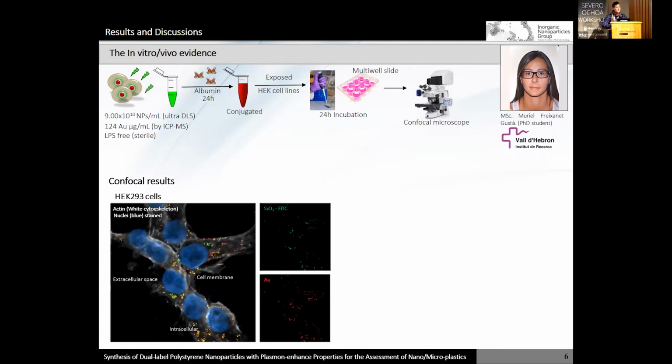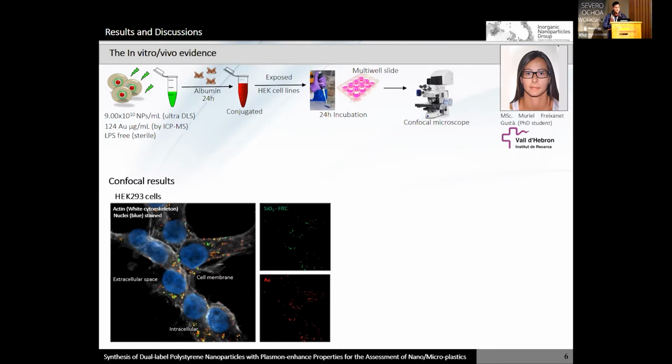In the first big image, we can see both signals, because this photo was taken in the reflectance mode and also the fluorescent mode. So both signals are located in the extracellular space, the cell membrane, and the intracellular space. But to do this spatial correlation and see if this signal is from our particles, we separate them.